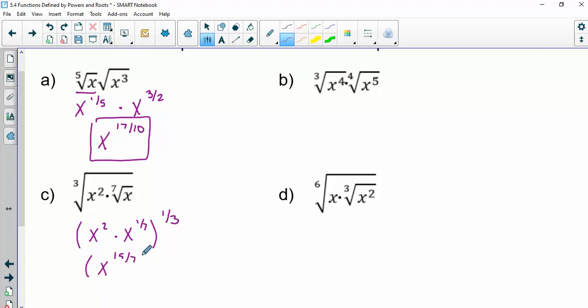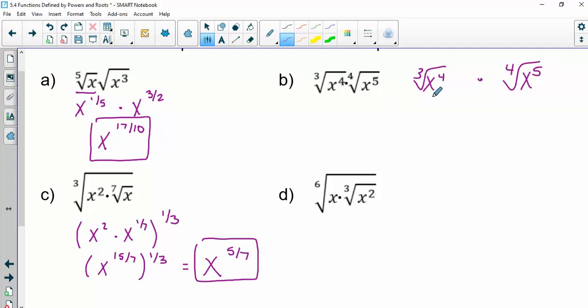You multiplied them. You need to add them. And then that's to the 1/3. If you have a power to a power, what do you do with those exponents? Multiply. So 15/7 times 1/3, which is 5/7. All right, you guys try B and D.